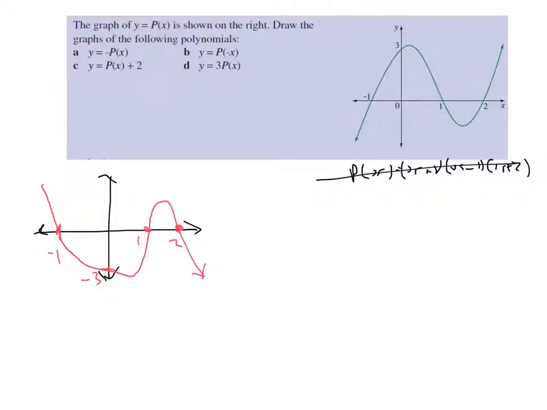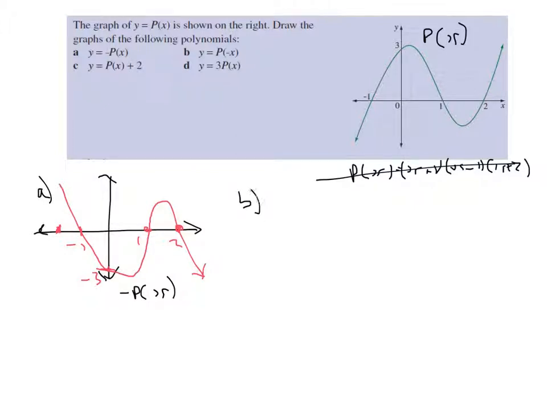I'm sure it looks a lot better than what I've drawn, but you get the general idea. If I wanted to label that, I would label it as negative p of x, seeing as this was p of x.